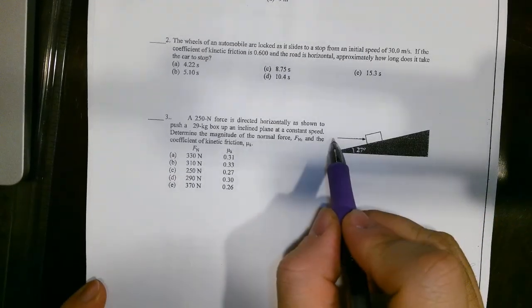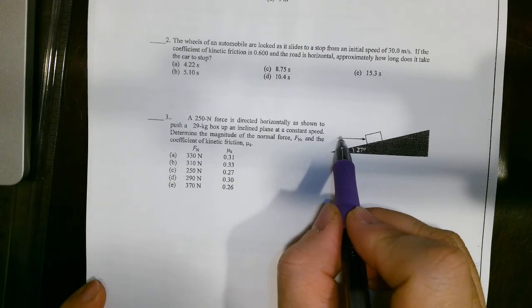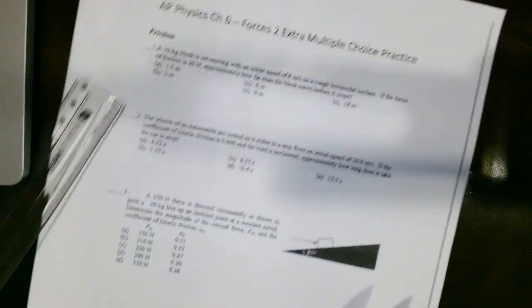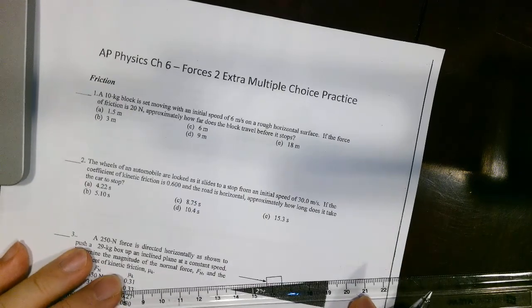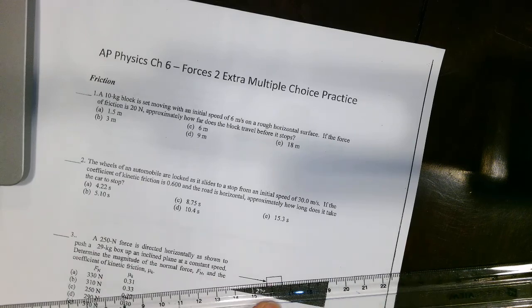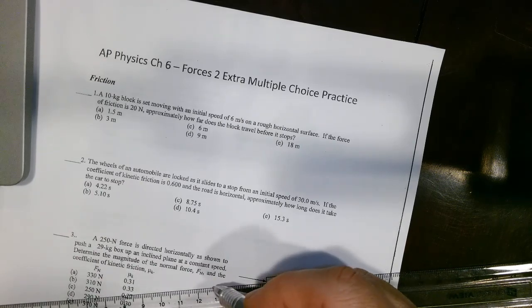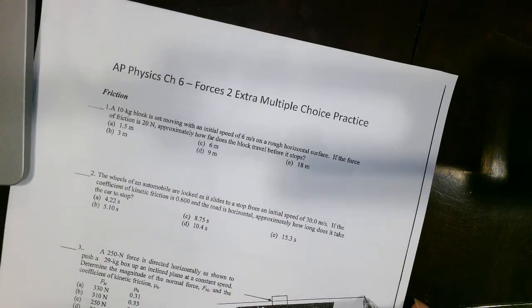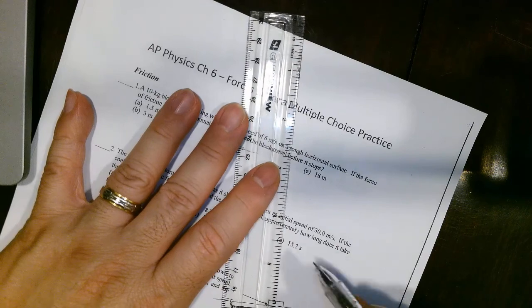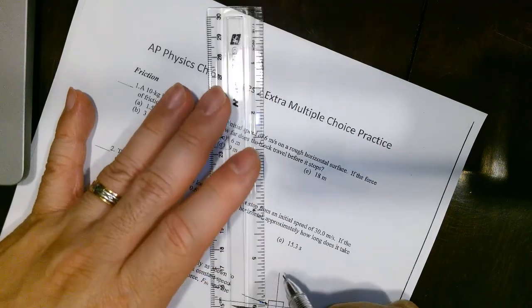If I apply a force pushing horizontally on an inclined plane, you have to remember that you have to rotate your axes, so your x-axis is horizontal to your right, and this is your y-axis. You have to keep that in mind.